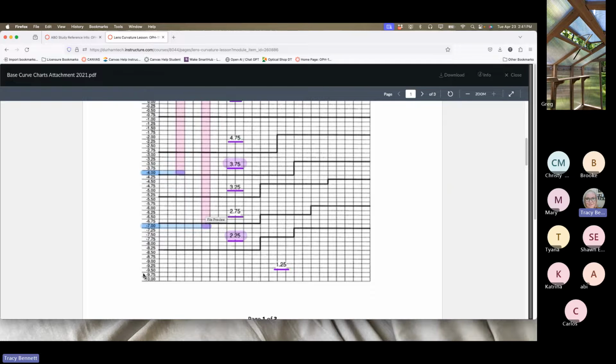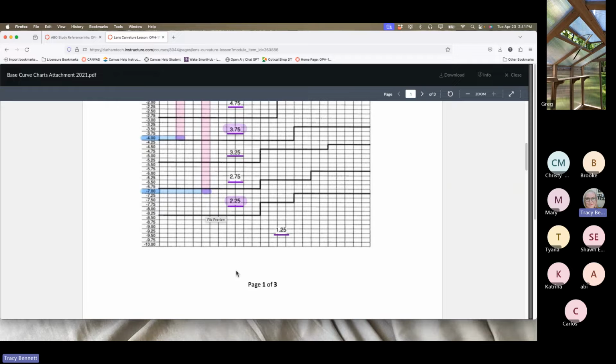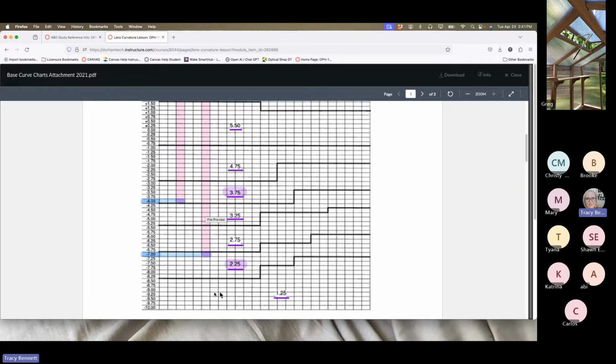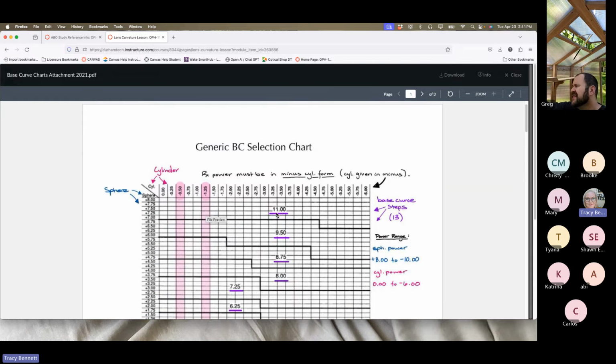So anything beyond that would kind of be out of that range. And then these are just marked the same way. It's just not colored. I think this is the one that's in the book. But you've got your -1, and then this is the range in here for the 225. There's your 275, 225, and on up to 11.